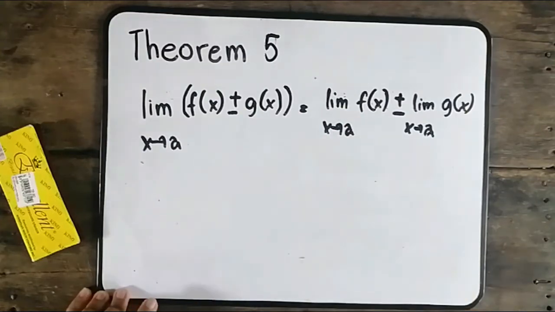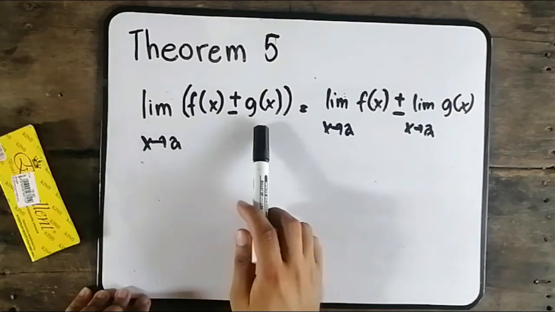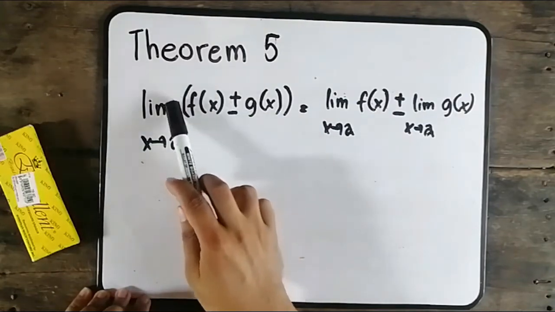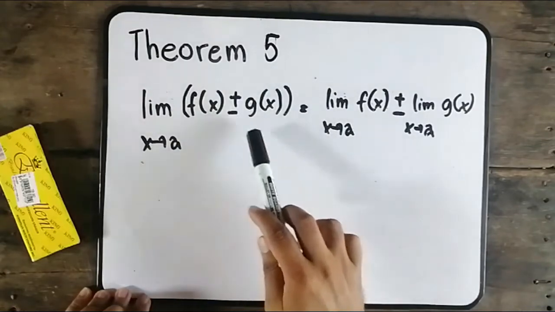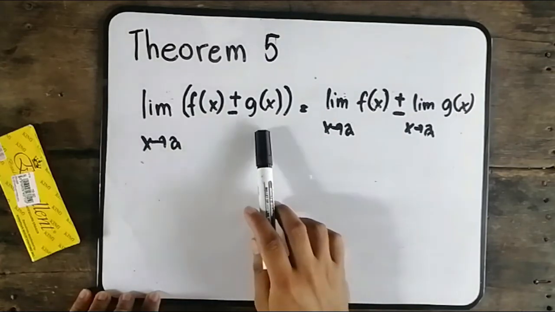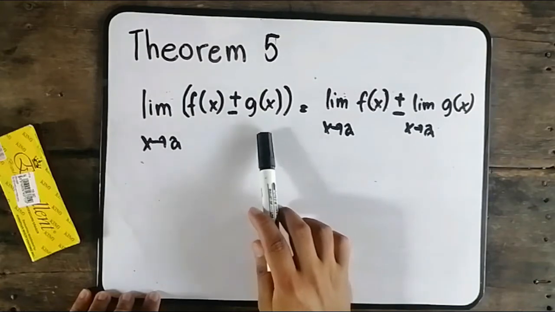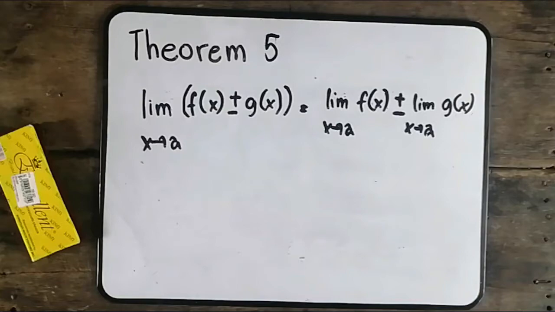Okay? So, pwede pala natin siyang, instead na kunin mo yung sum nito, pwede pala na kunin mo yung limit nito plus or minus yung limit nito. Okay? Note that Theorem 5 is also true for functions greater than 2. So, kunwari, tatlong function ito, or 4 or 5, nag-hold pa rin yung Theorem 5.